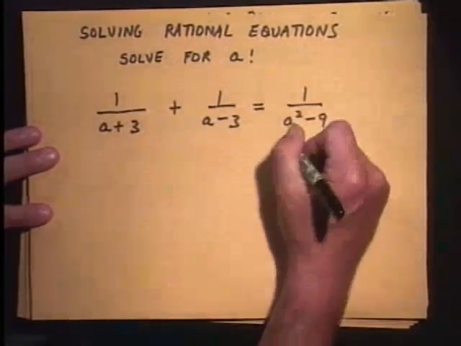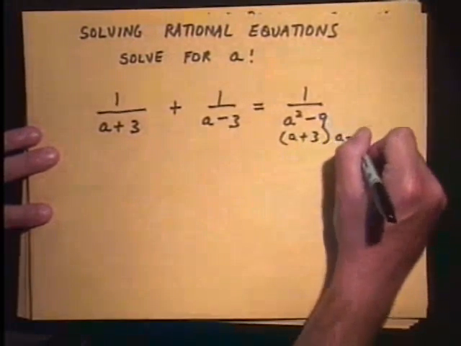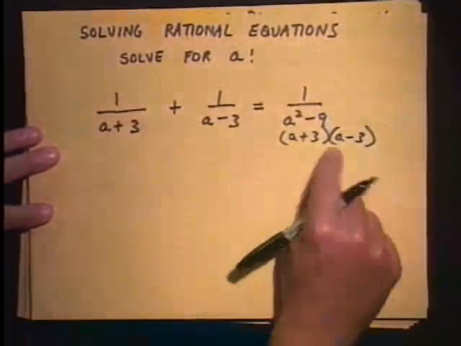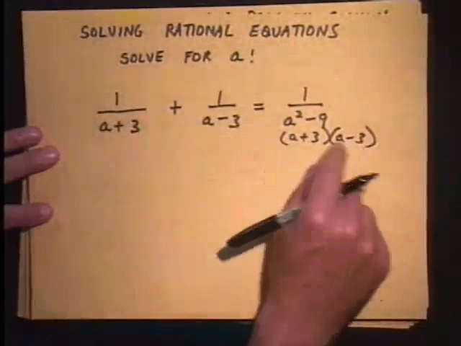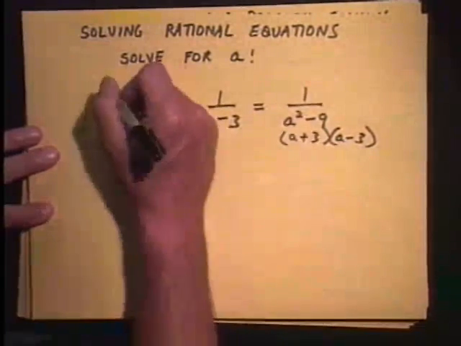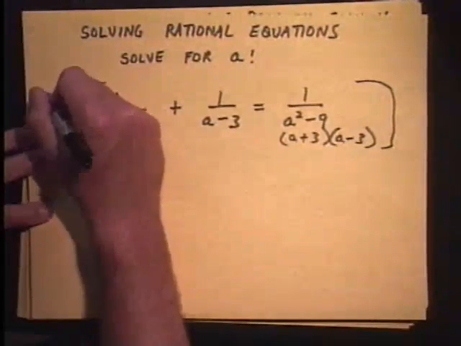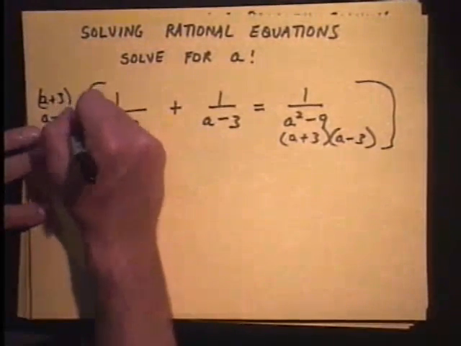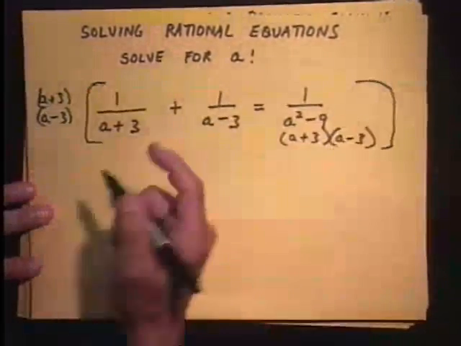So this will factor, if we're trying to solve for A, into A plus 3 times A minus 3. So looking across here, the common denominator would be A plus 3 times A minus 3. So we're going to go ahead and multiply this gargantuan beast through by A plus 3 times A minus 3. That's what takes those fractions out.